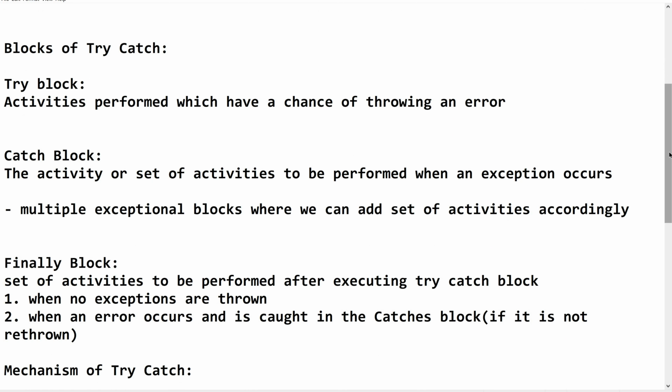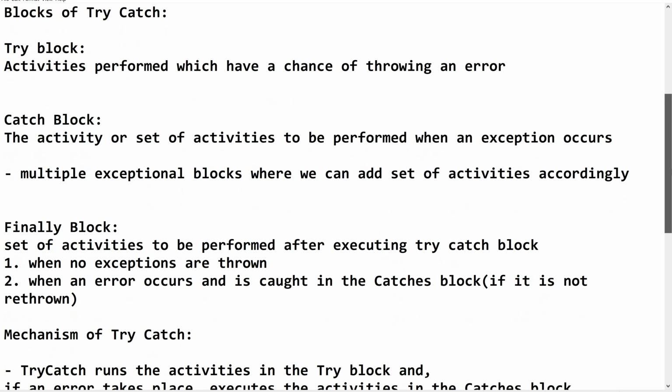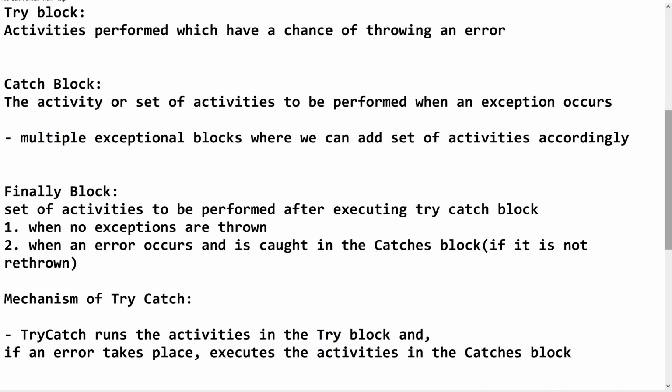Especially the finally block contains the set of activities to be performed after executing the TryCatch block, and it will be executed both when no exceptions are thrown and when an error occurs and is caught in the catches block, provided it is not rethrown. Please keep this in mind.